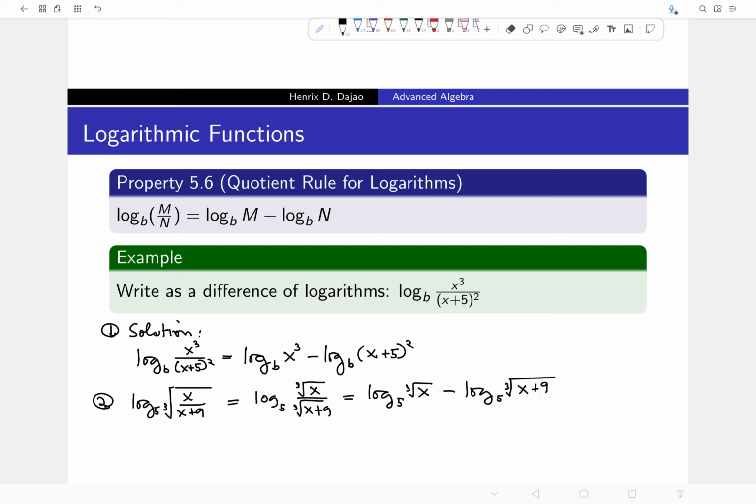So we're done. We have already expressed this expression as a difference of logarithms. It's quite easy to apply this property.